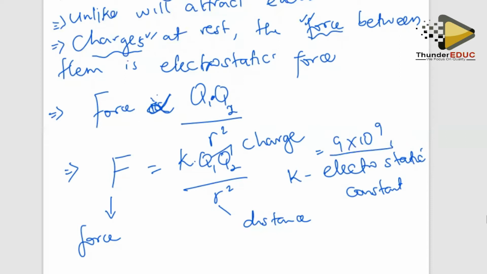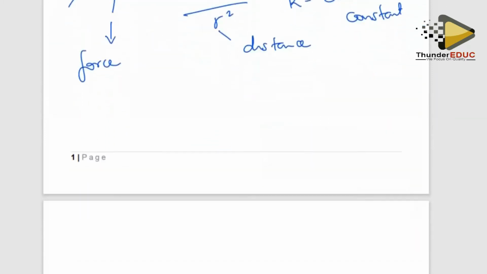That is a constant we need to remember. For any given two charges at a time, this formula will be used. This formula brings about what we call Coulomb's Law of electrostatics.